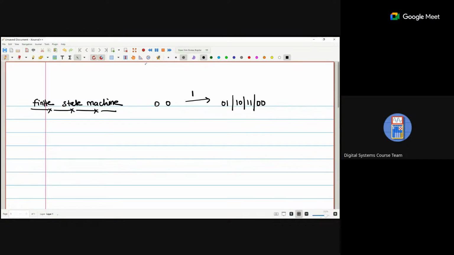Now this FSM is classified in two categories. One is the Mealy machine and one is the Moore machine.